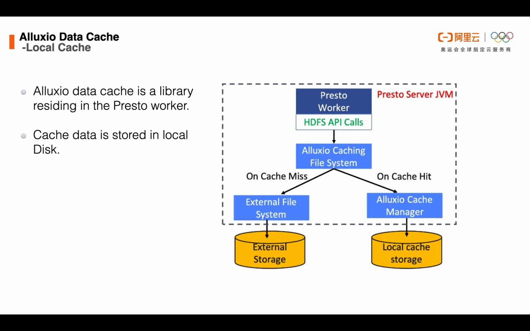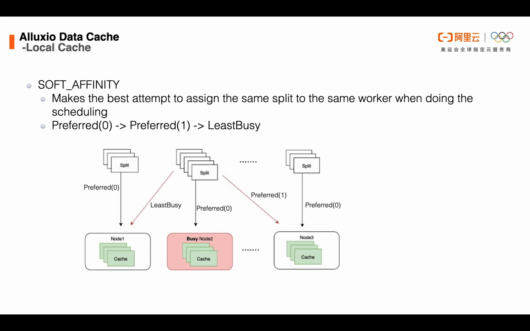It will decide whether to read the data from the cache or from the external storage. Because data is stored on local disk and can only be read by the local worker, we need to improve affinity to get a higher cache hit ratio.